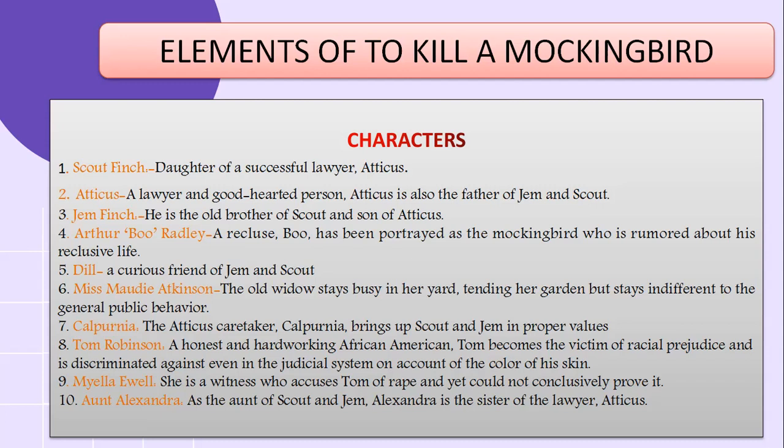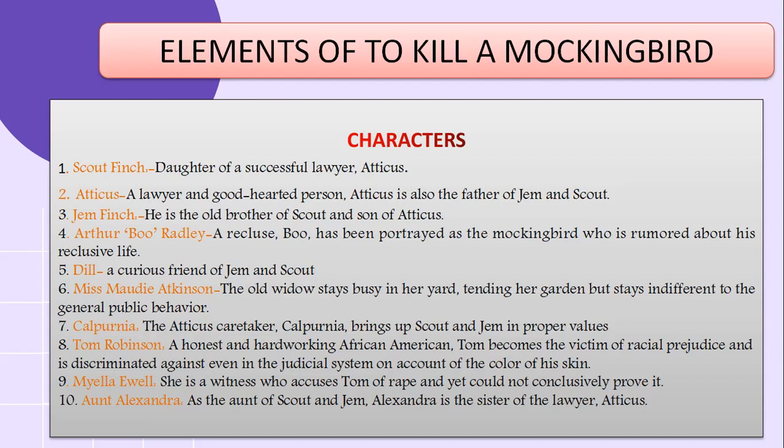Number nine, Mayella Ewell. She is a witness who accuses Tom of rape and yet could not conclusively prove it. Although she does not have any witness, she easily uses mob psychology and turns the community against Tom Robinson.